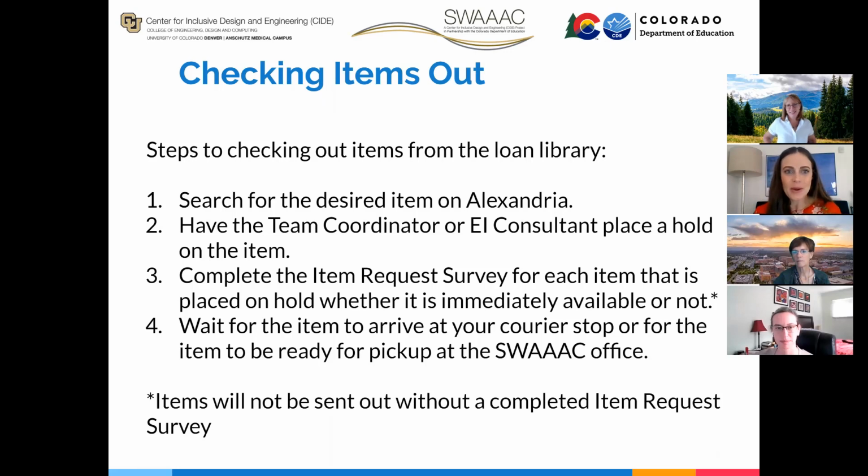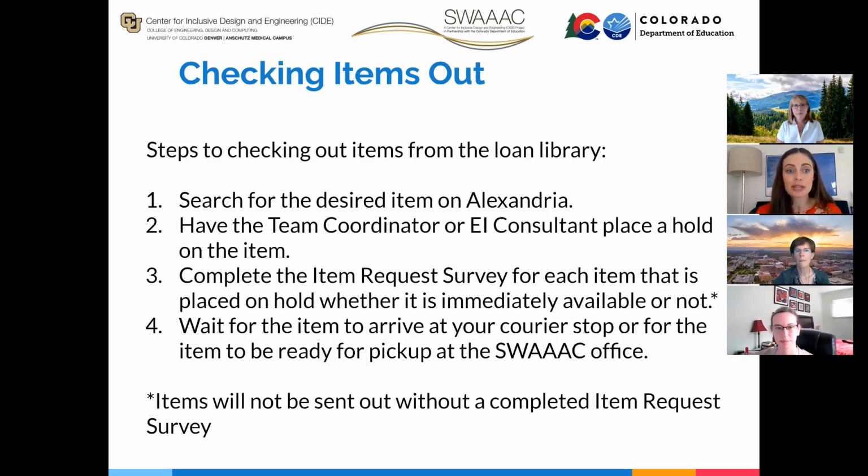All right, so once you have your login information, you'll be able to start checking items out. Like Chris said, you can search for the item that you'd like in Alexandria. Then you'll have a team coordinator or an EI consultant place a hold on the item.